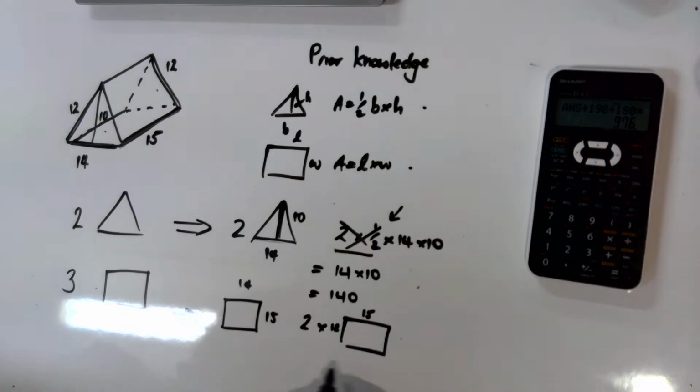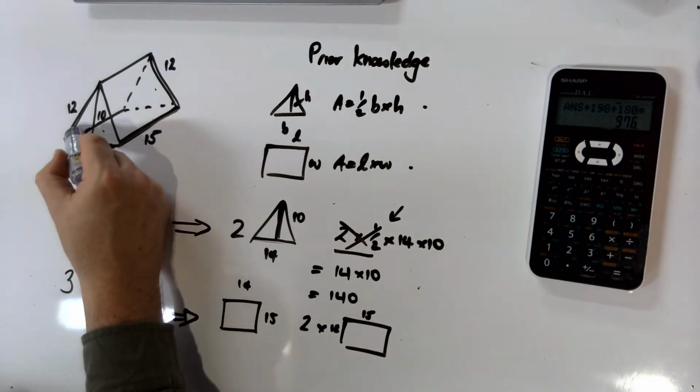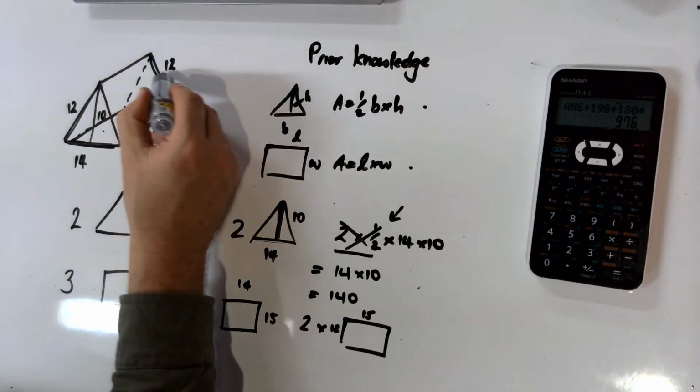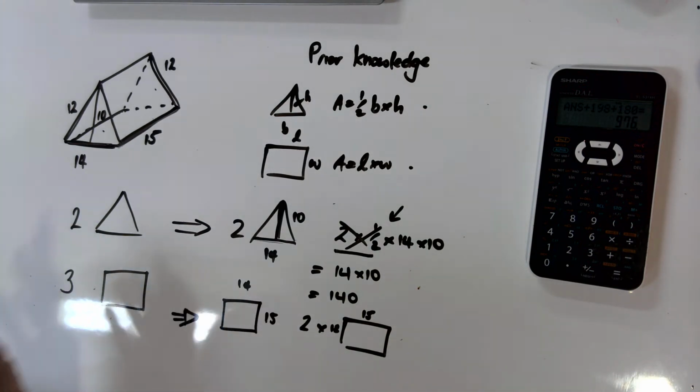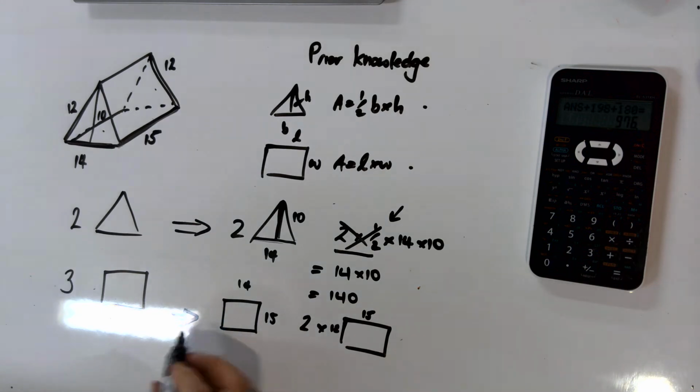Now please be careful, because it is not always the case. Sometimes you may have a different side that sits here. So this could be 13, in which case this rectangle here and that rectangle here do not fit together. They are not the same. So you can't just times it by 2, is a better way to put that.